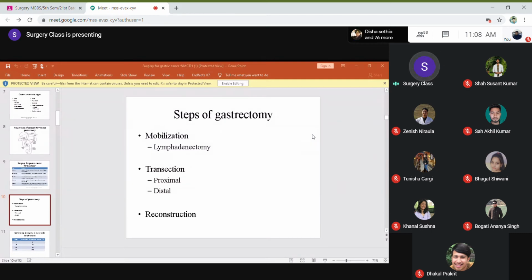So if you remove stations 1 to 6, it will be D1. And if you remove 7, 8, 9, 10, 11 and 12, then it will be D2.